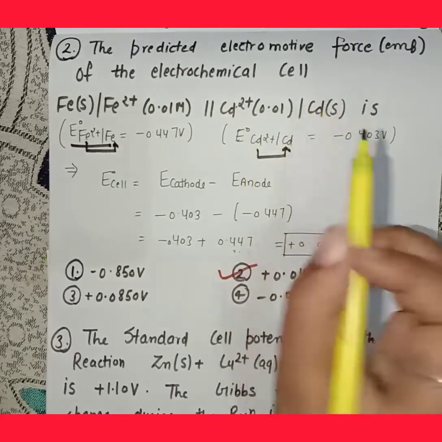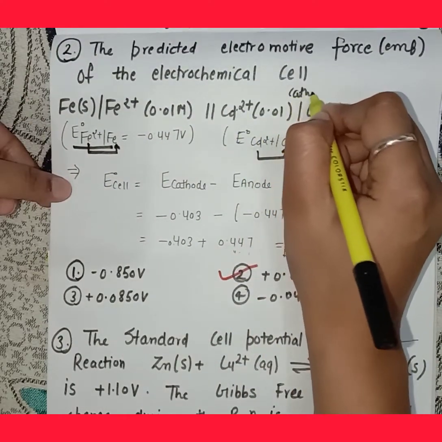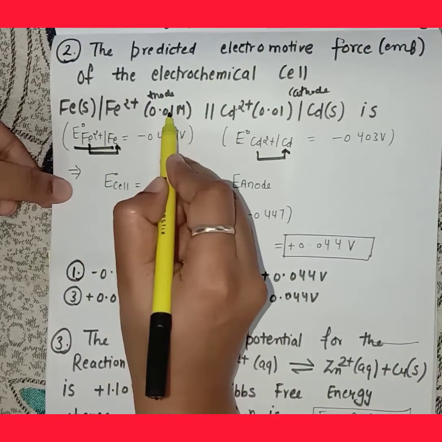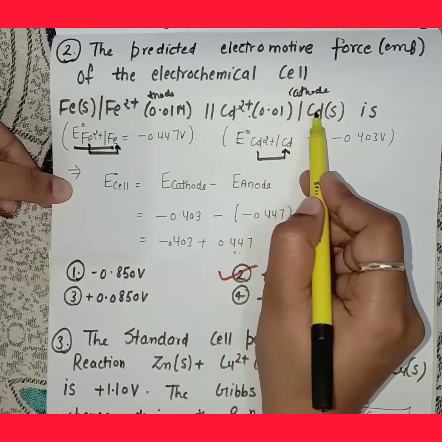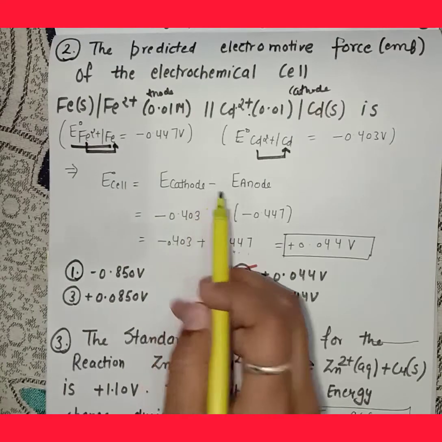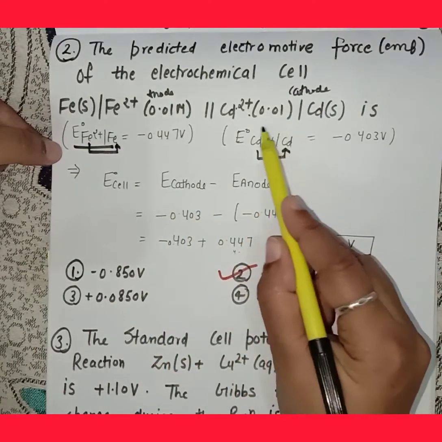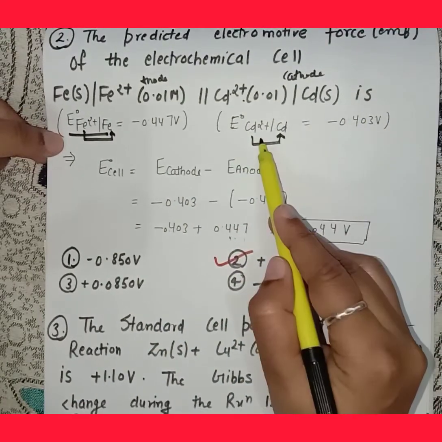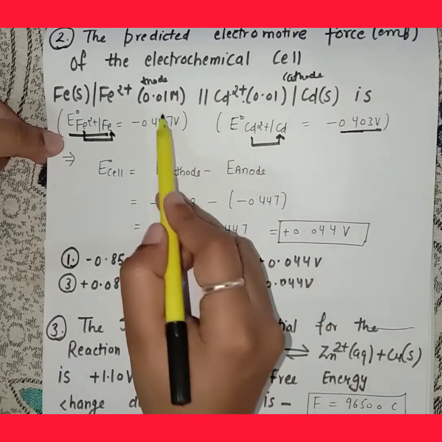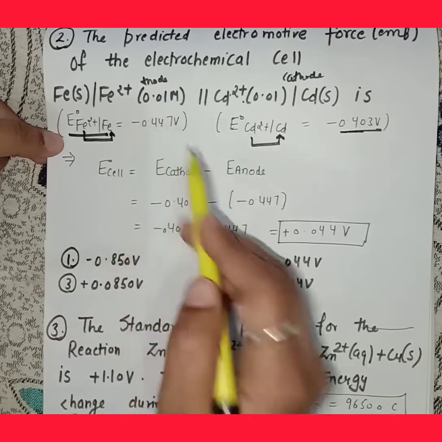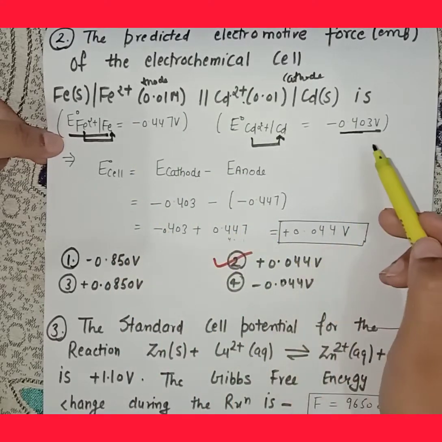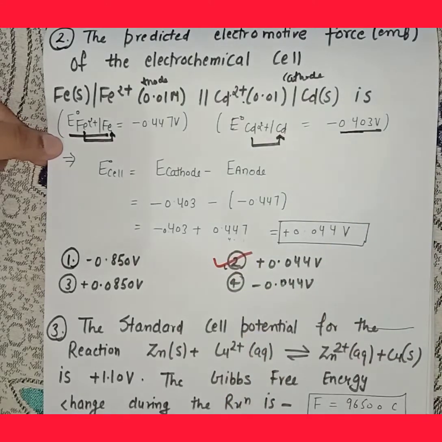So this is our cathode and this is the anode, because oxidation occurs at the anode and reduction occurs at the cathode. The formula is E naught cell is equal to E cathode minus E anode. The cathode is Cd, and we put its standard reduction potential, minus the standard reduction potential of the anode. After solving we get 0.044, and the correct option is the second.